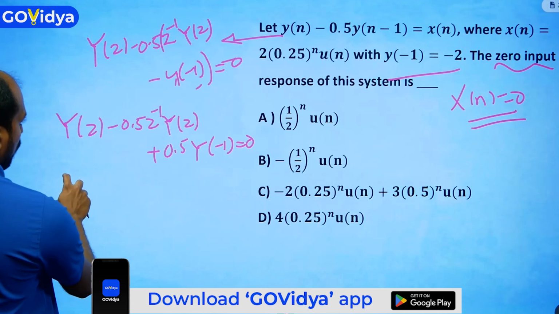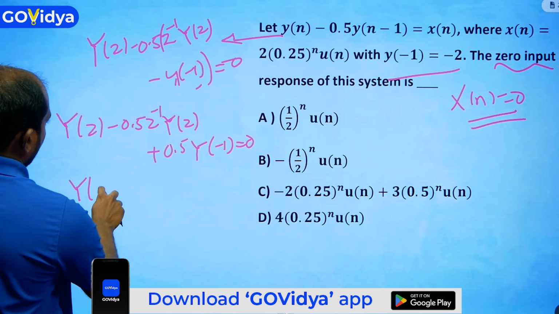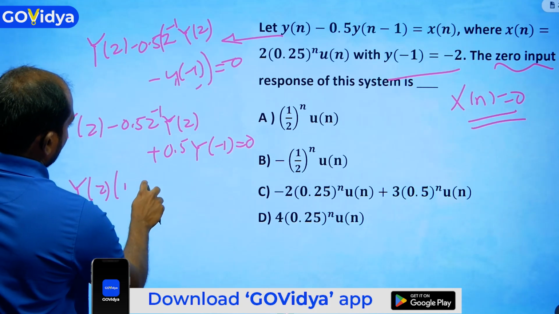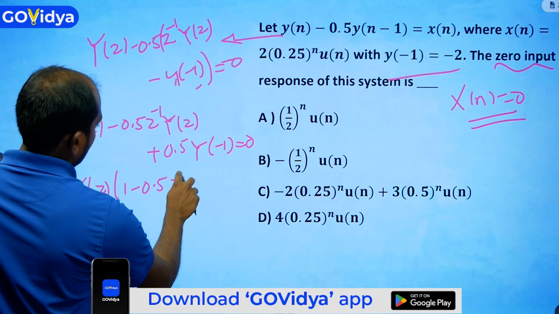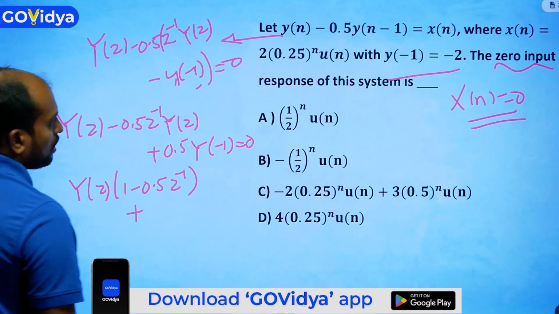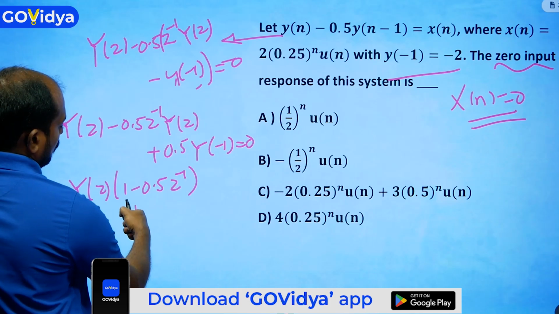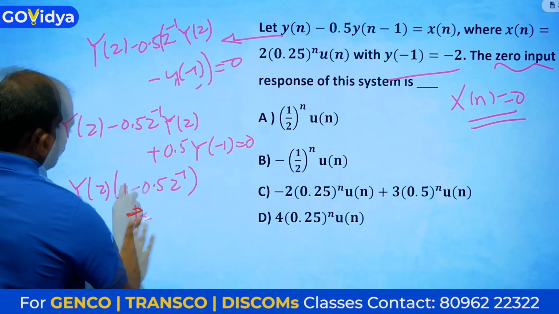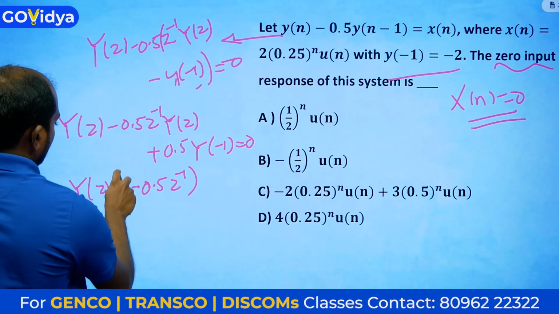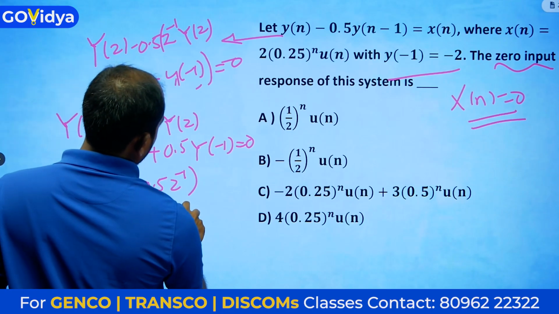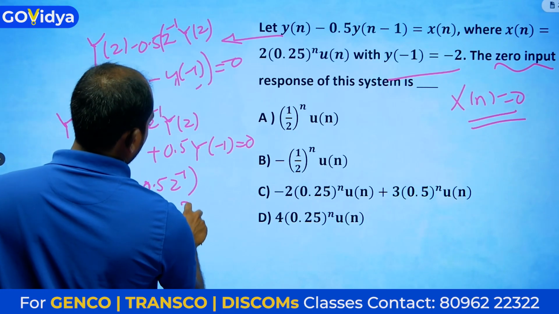If I take Y of z common, 1 minus 0.5 z inverse, plus y of minus 1 is minus 2, which gives minus 1. If I take this side, 1 minus 0.5 is nothing but 0.5 into... nothing but 1.